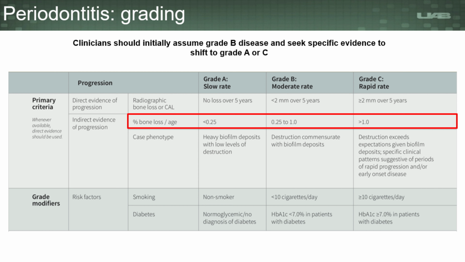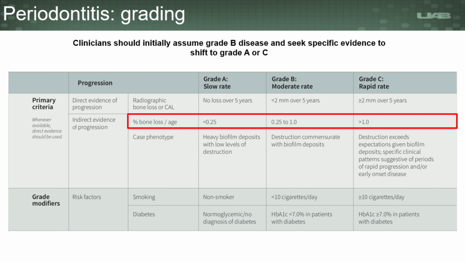And this now captures whether or not it's rapid by a ratio. The definition of rapid progression is that your percent of bone loss is greater than the age of the patient, or that ratio becomes greater than 1. I don't need to know if it's 1.6 or 1.8. I just need to know it's greater than 1.